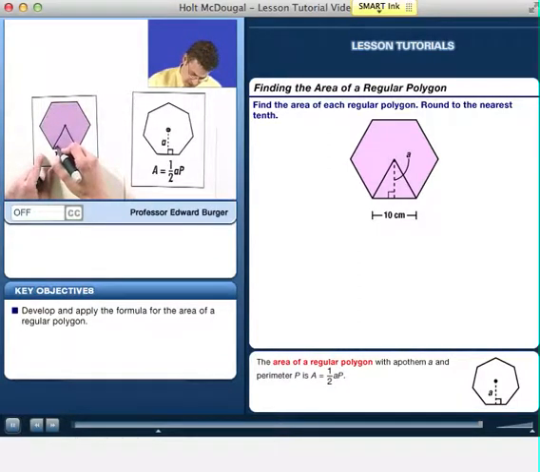So this is 60, and this is 60, and that forces this angle to be 60, so it's an equilateral triangle, which means equiangular, and it's a theorem that all equiangular triangles are also equilateral triangles. And so, in fact, we know that if this is 10, then this has to be 10, and this has to be 10.